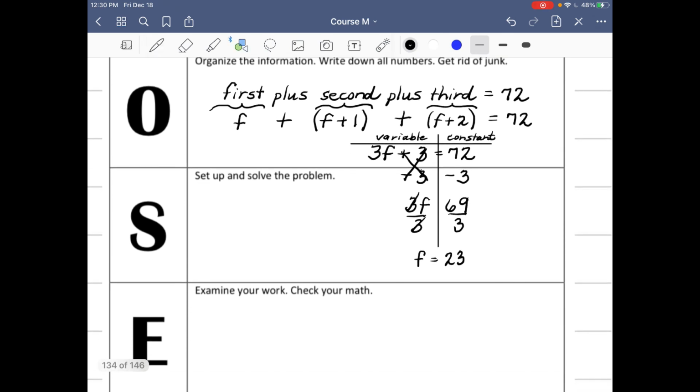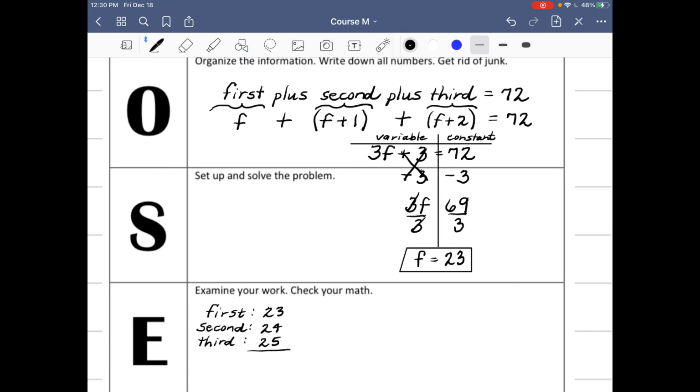So this is telling me that our first number is 23. So let's see if this proves to be true. The first number is 23. Now if they're in a line, what would the next number be? 24. And the third number would be 25.